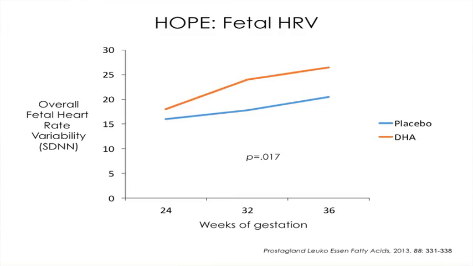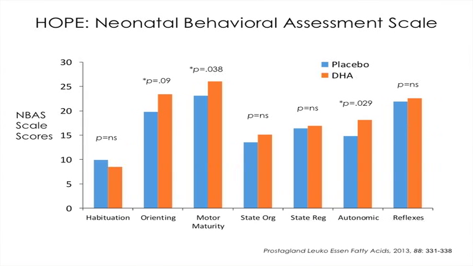We've improved that experimentally by giving moms DHA prenatally. When babies were born, we administered the Brazelton scale to them, and interestingly, babies from moms who were supplemented were marginally different in orienting. This is a measure of attention, measured on a rating scale that you do with the baby during the neonatal period.